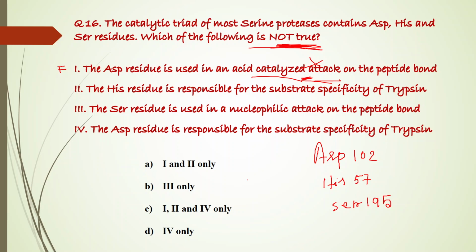Now if you do remember, if we look at the enzyme, if this is the active site where serine sits, then there are another two sites. Let me just mark them. This side is known as the oxyanion hole and this side is known as the hydrophobic pocket.